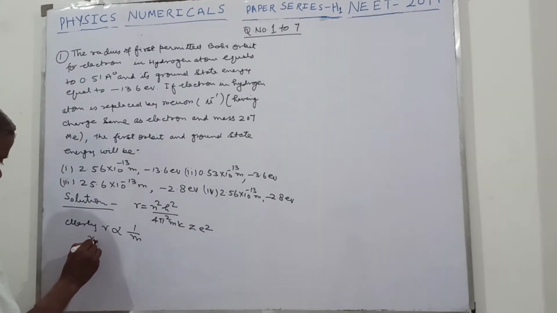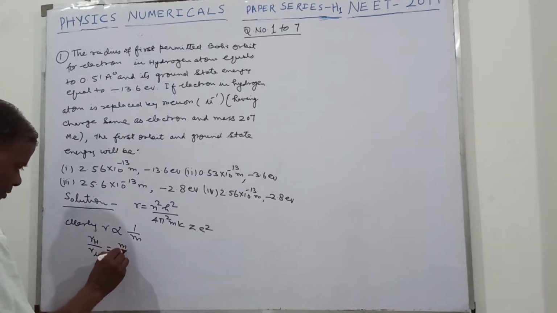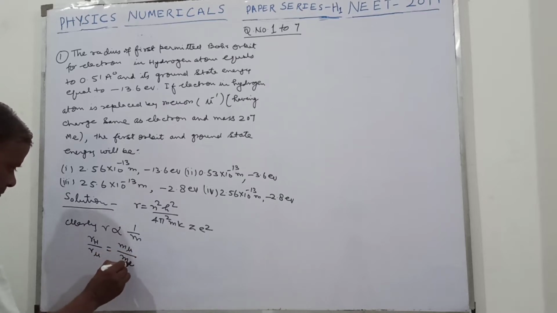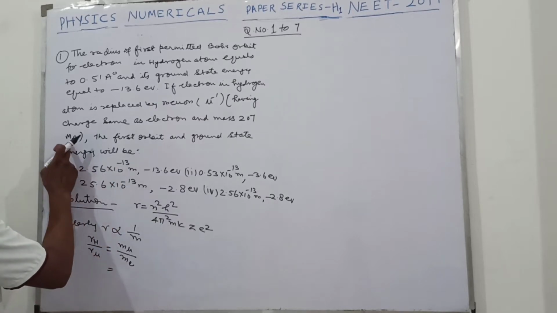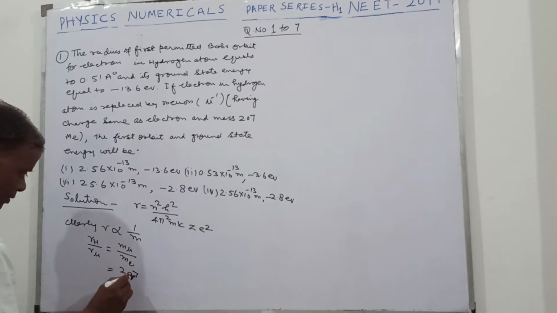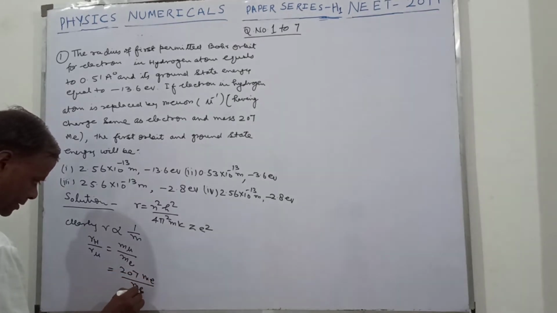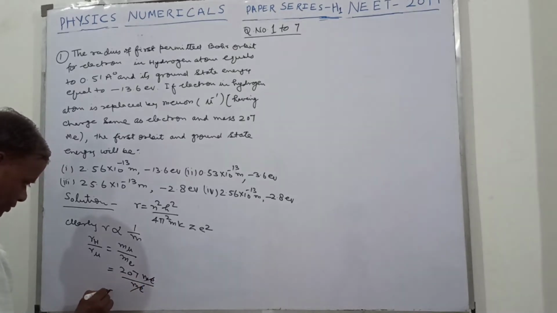So now you can have R_H upon R_mu equal to m_mu upon m_e. M_mu is 207 m_e, so upon m_e this will cancel, and this is equal to 207.